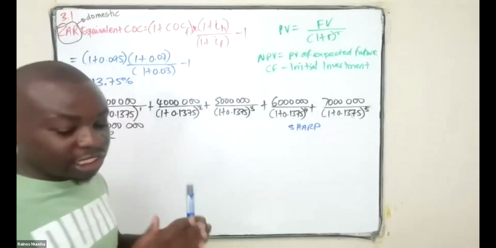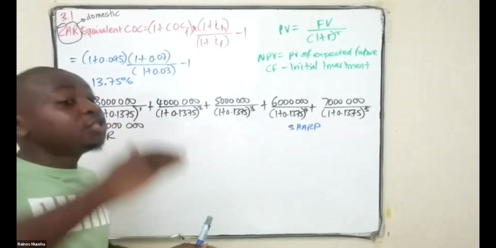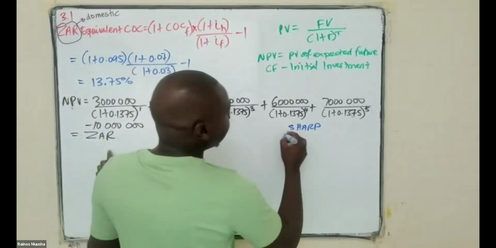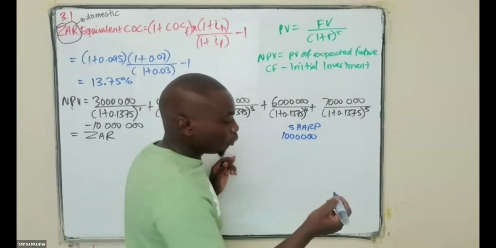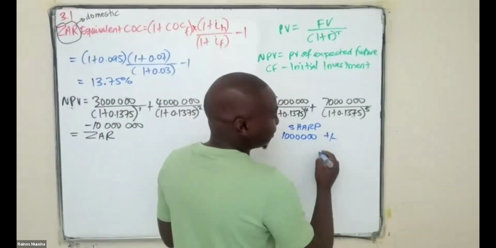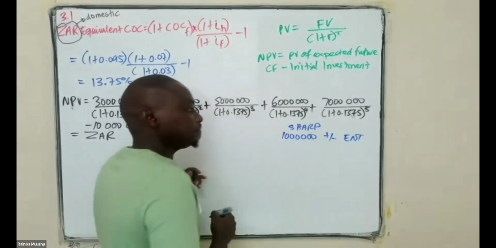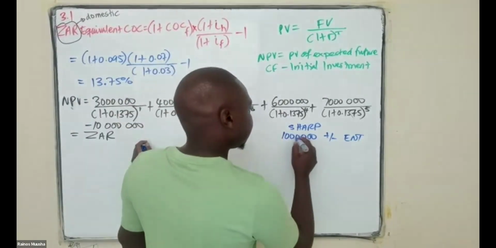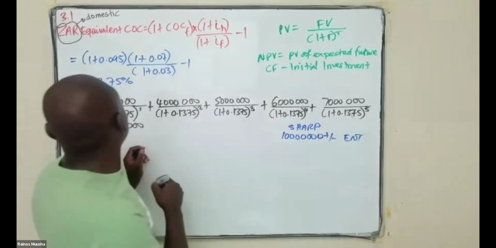Then you now need to enter the cash flows from period 0 all the way to the last period. So with the Sharp calculator, I'm going to say 10 million. It's a cash outflow. So you press the plus minus button and then you press enter. Then you press enter there.